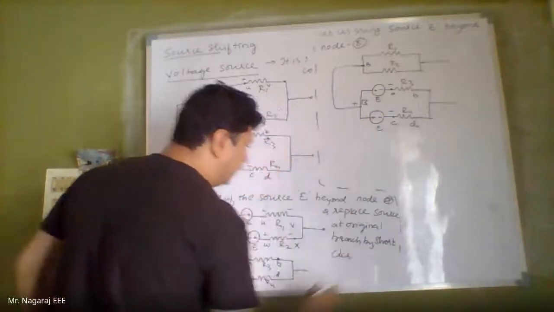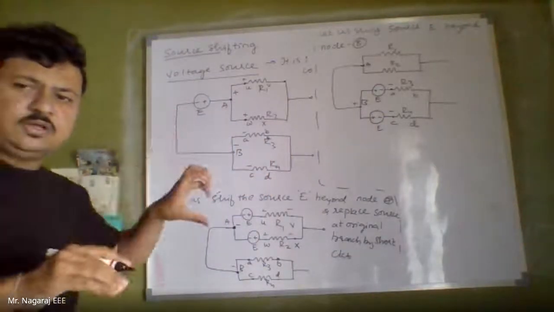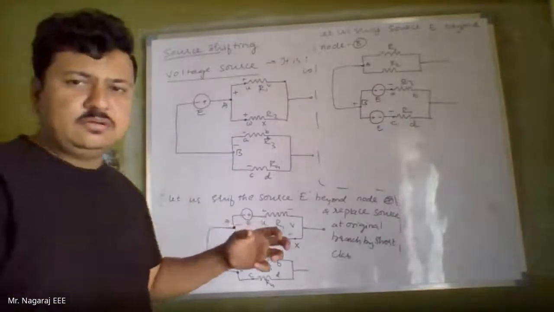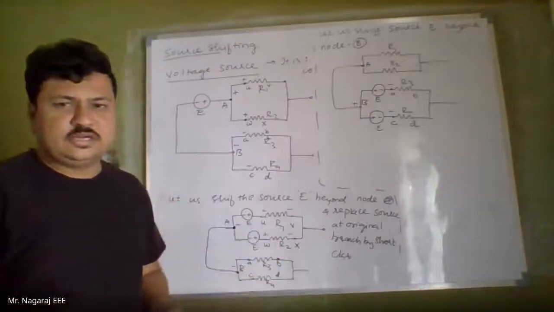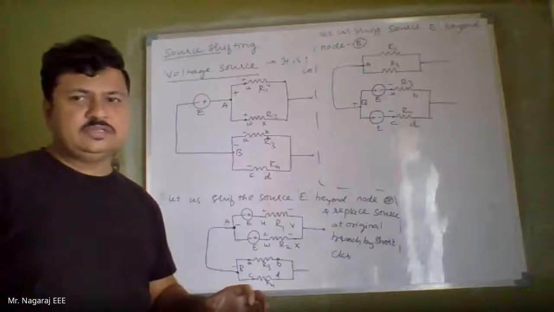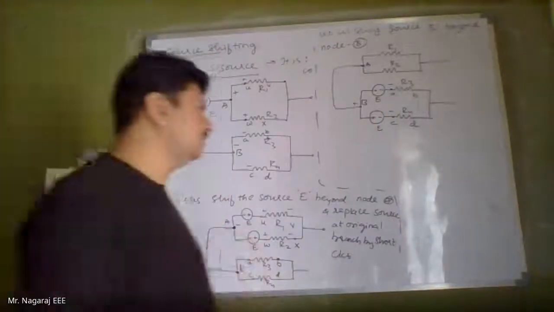Why short circuit? Because I am taking the source out from that point. When I take the source out, the source value becomes 0. When the voltage is 0, voltage is 0 across a short circuit. So if I want to make voltage 0, I always take a short circuit. If I want to make current 0, I take it as an open circuit.